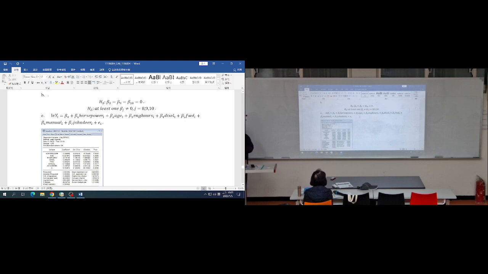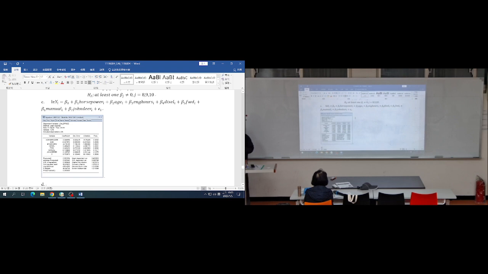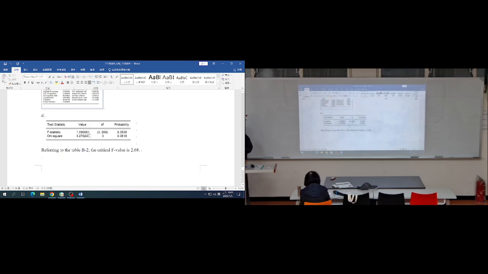So there I did not add the constraint equation. And the D is the partial F test I got. I use the redundant variable test, because I forgot how to.